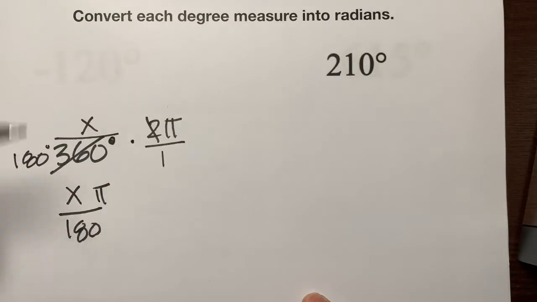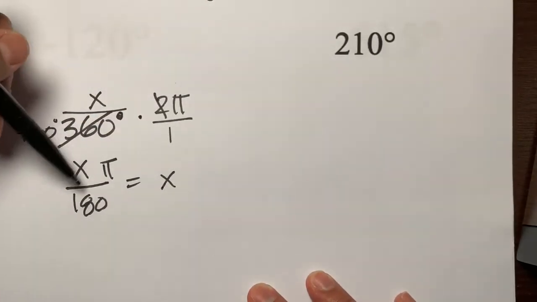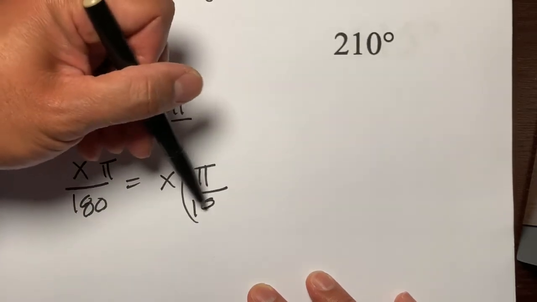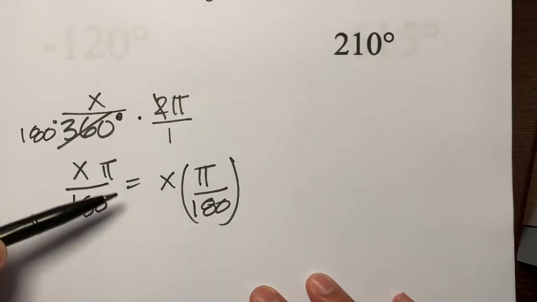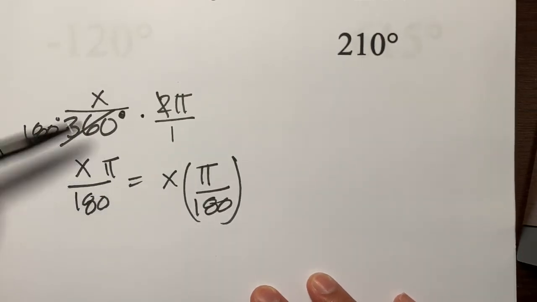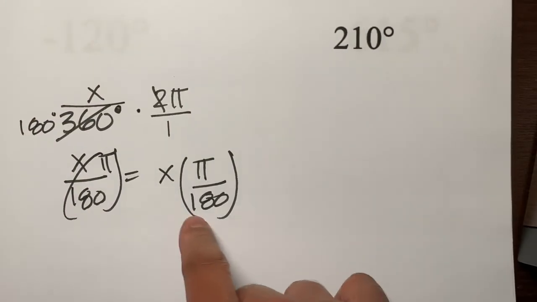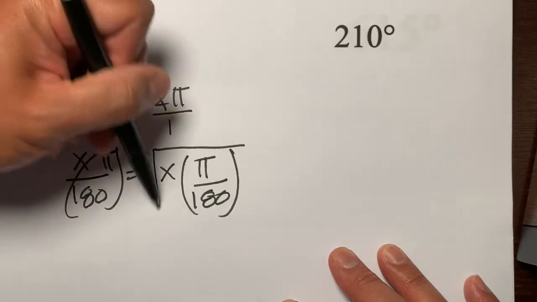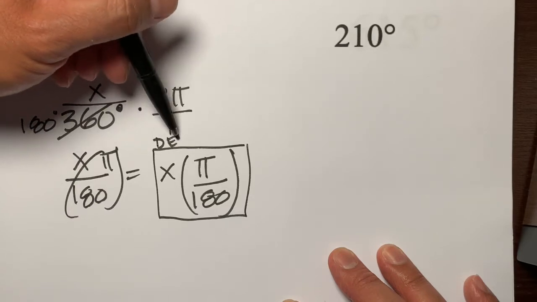So let me separate this a little and make this equal to x times pi over 180. I just put parentheses around this. So this right here, simplified, is your formula to convert from degrees to radians.